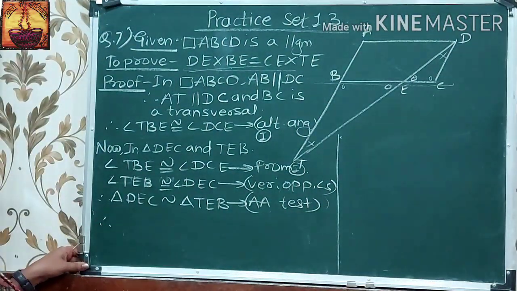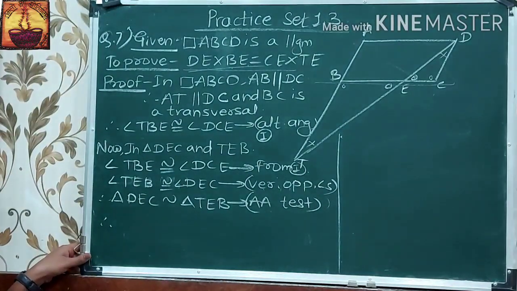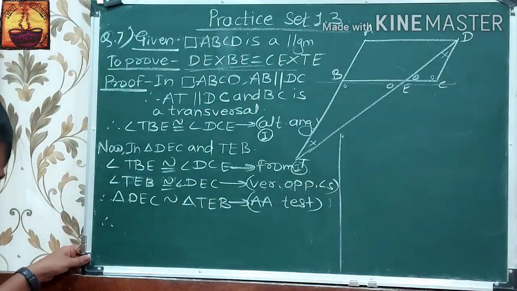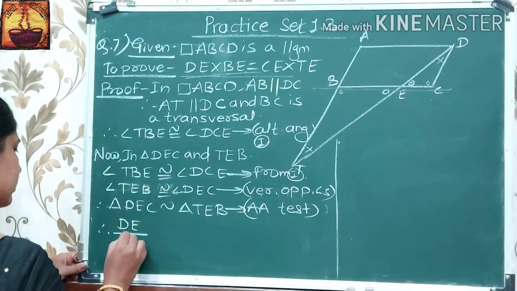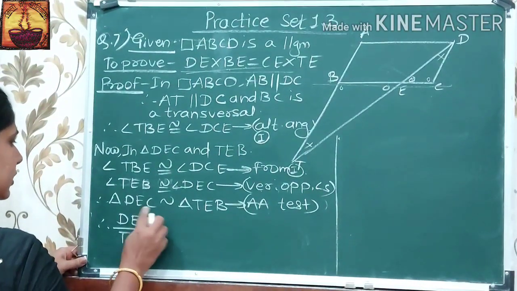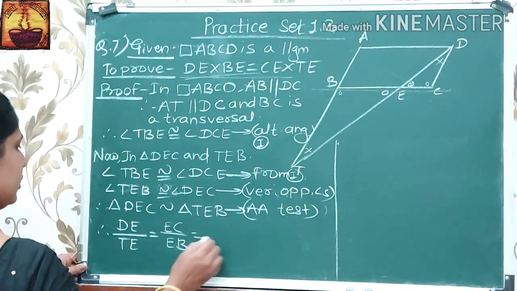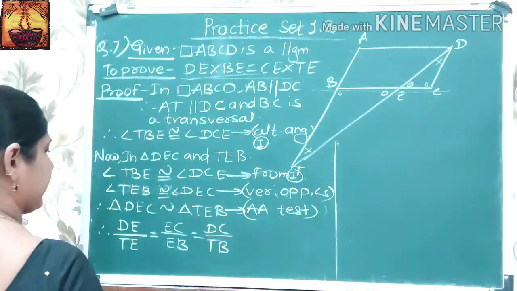Now, these triangles are similar triangles, therefore their sides are in proportion. Write their sides are DE upon TE is equal to EC upon EB is equal to DC upon TB.